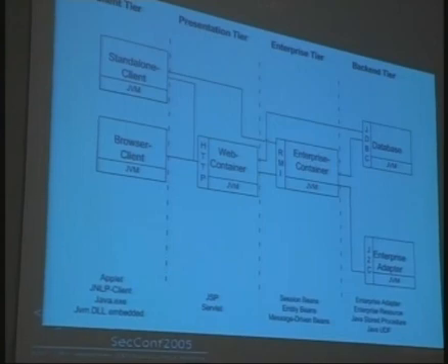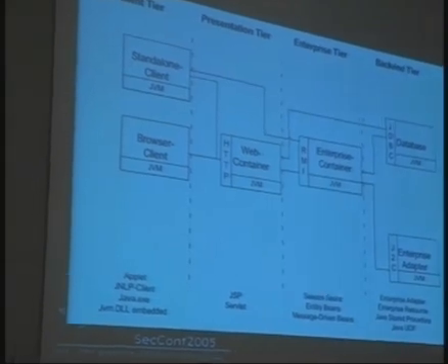And the web container and the enterprise container talk via JDBC to the database. Or the enterprise container may also access some legacy application via J2C somewhere else in the enterprise.